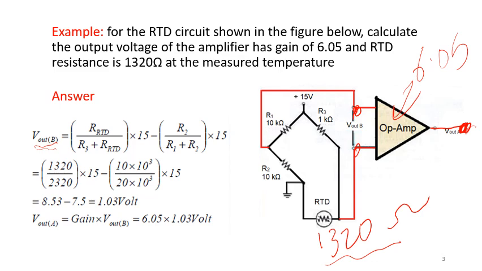If you want to calculate it step by step, it's going to be fine. If you calculate the voltage between this point and this point, it's exactly the same as the previous question. So when you calculate it, it's RTD over R3 plus RTD into 15 minus R2 over R1 plus R2 into 15. That's the voltage divider at each branch.